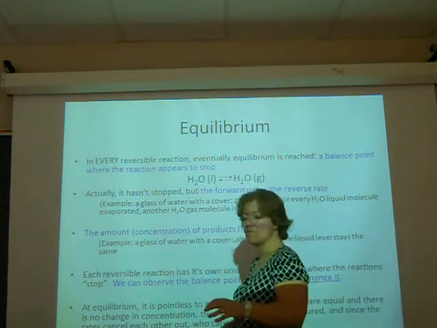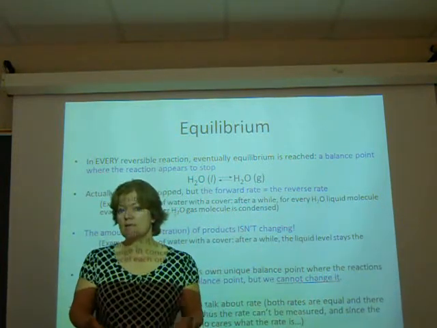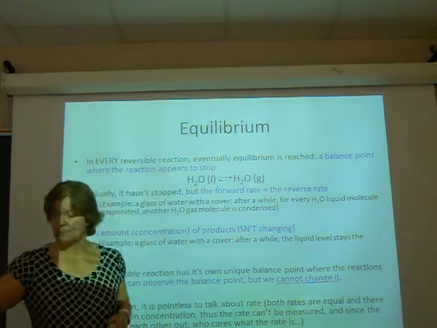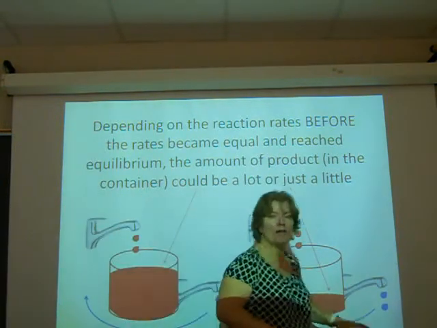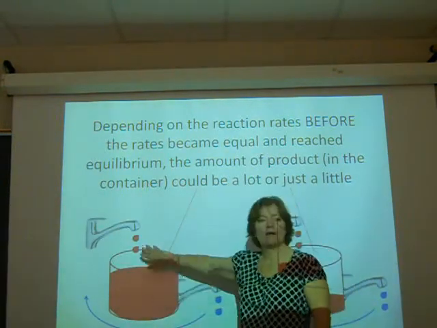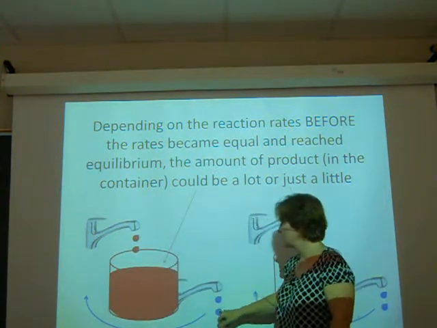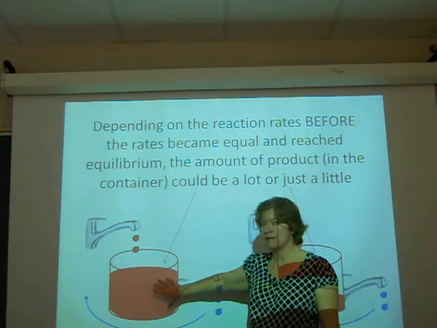We can observe this balance point, and it's different for different reactions and different processes, and we can put numbers to it, but I can't change it necessarily. So, if at some point I reduce the fast reaction to being exactly the same drip rate as this coming out, all of a sudden the tank would remain at a certain level.